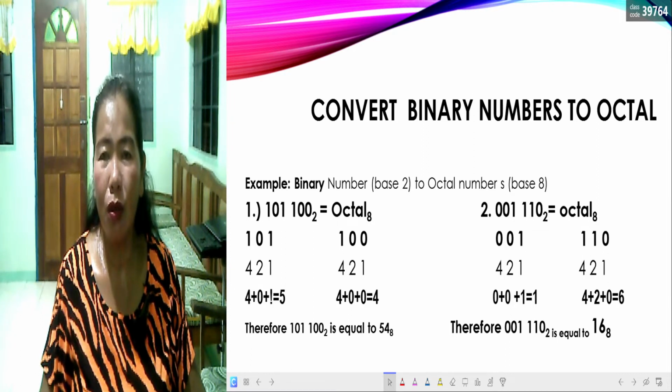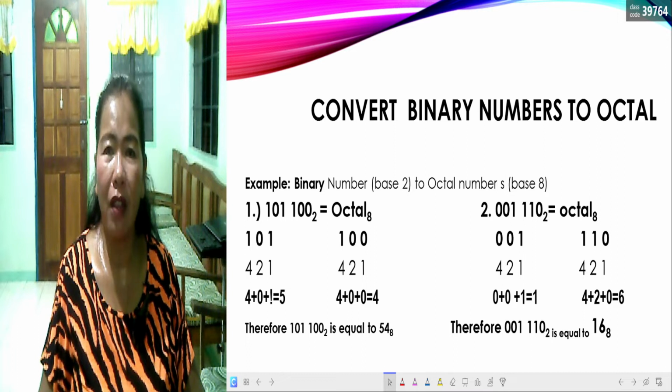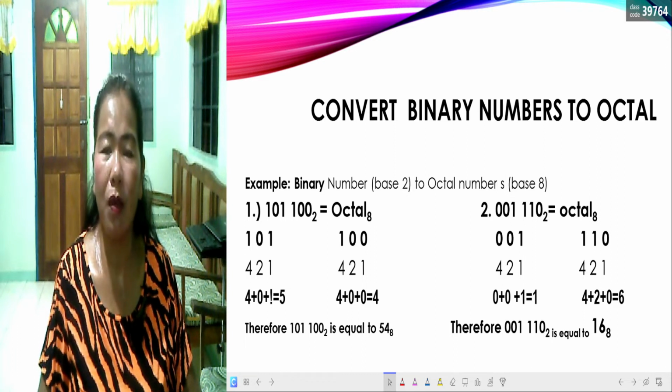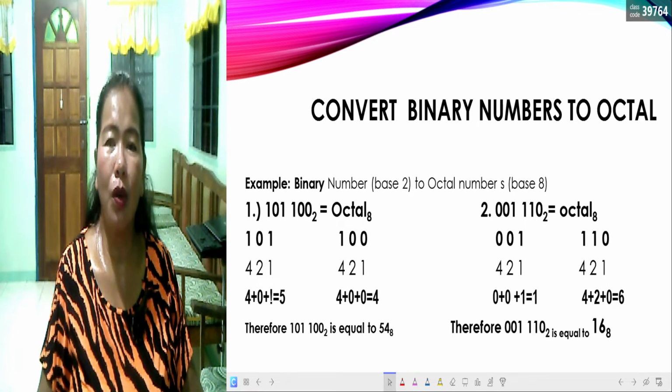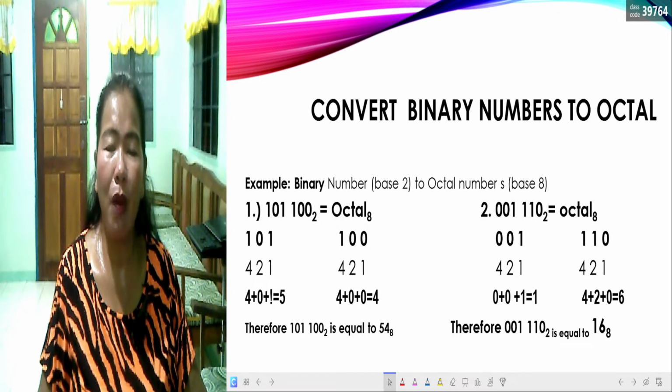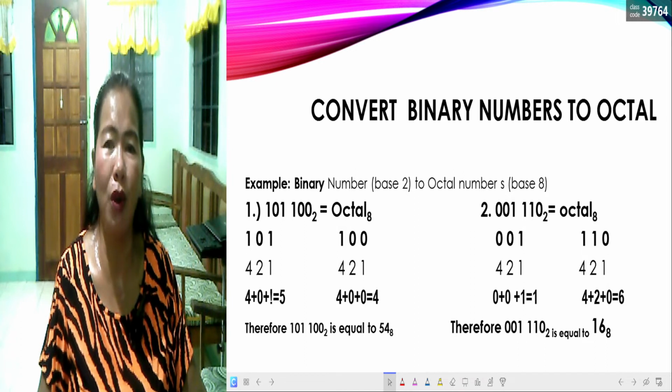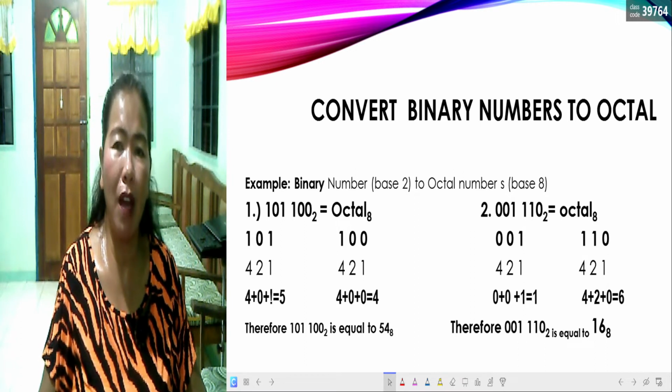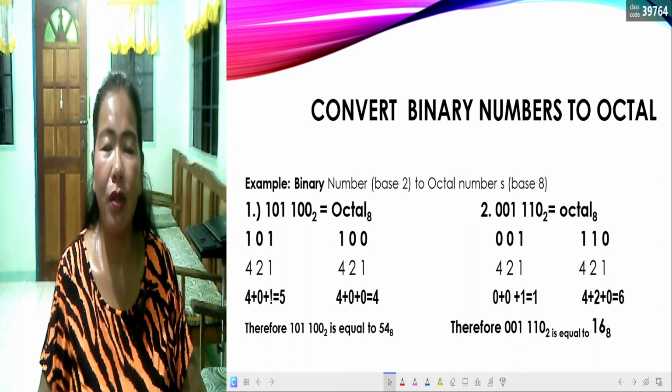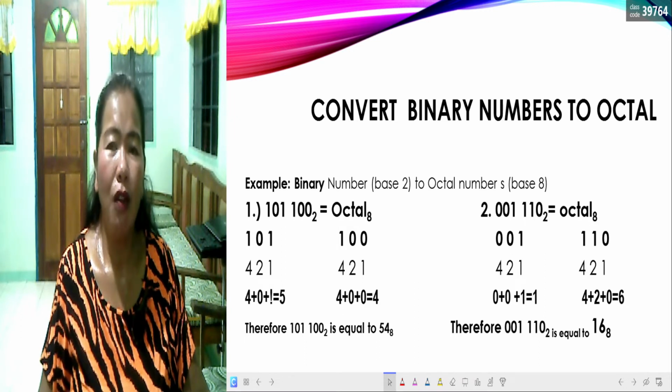And that represents the first digit of the octal equivalent. Then we still need to get the equivalent of the second group, which is 110. So write again below the 110, the binary multiplier equivalence, which is 124. Again, multiply 1 by 4, 1 by 2, and 0 by 1.